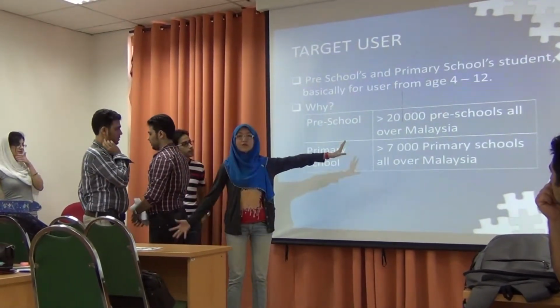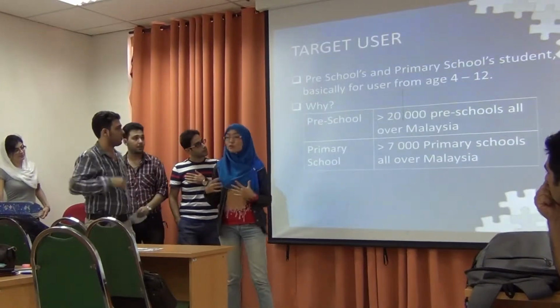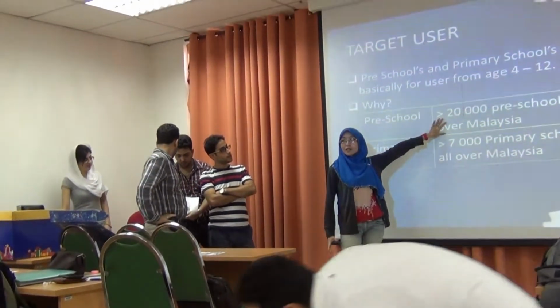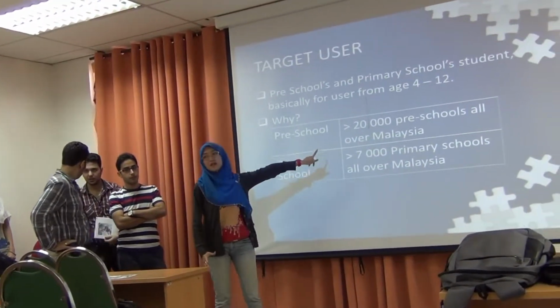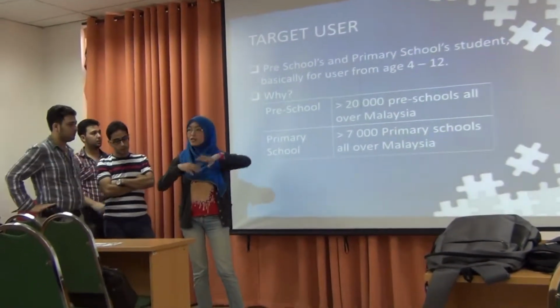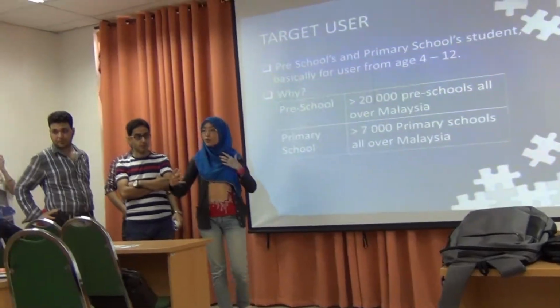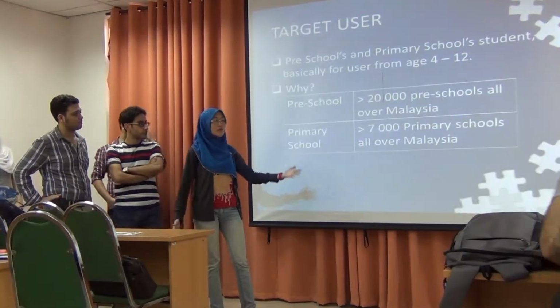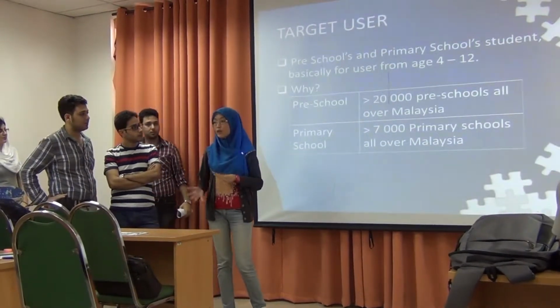In Malaysia, we have more than 20,000 preschools all over Malaysia. This is just the government preschools, not the private ones yet. For the next batch, maybe we can expand our product to the private sector. And for primary schools, we have over 7,000 primary schools all over Malaysia.